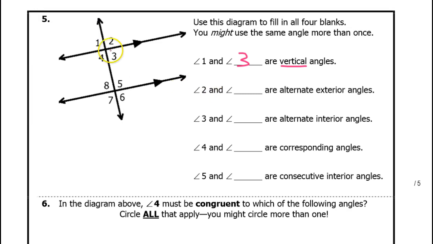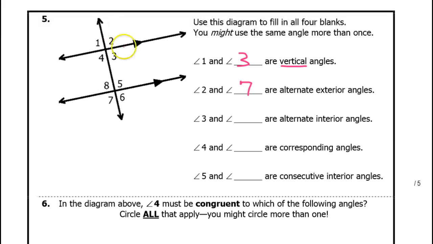Alright, angle 2 and angle what are alternate exterior angles? Well, that would be angles like 2 and 7. Alright, they're outside of the lines and they're on opposite sides. So 2 and 7 are alternate exterior. Soak that in while I erase.